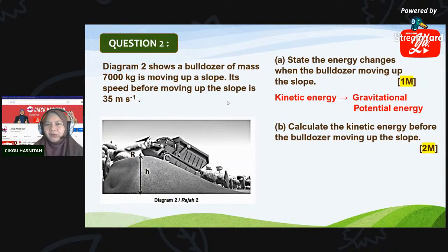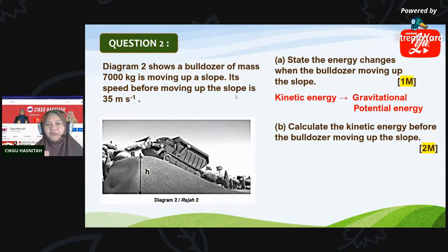Kinetic energy to gravitational potential energy. Either you draw the arrow, or you write the word to. Then B, calculate the kinetic energy before the bulldozer moves up the slope. So how to find the kinetic energy? Class, what is the kinetic, the potential?